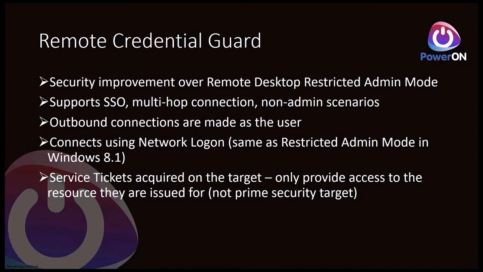What we're looking at here is protecting remote access to a machine, say help desk remoting onto a machine to help out a user. We're using network logon, just like restricted admin mode, credential derivatives to the target, which are bound to a channel. The target must send these derivatives back to the client so that if it needs to, it can acquire a service ticket to be able to actually work on the machine.